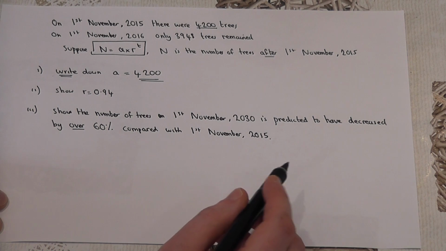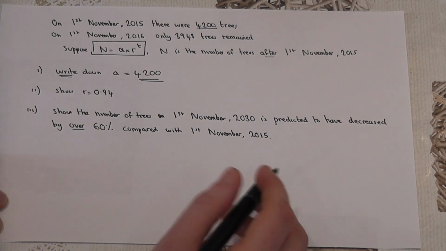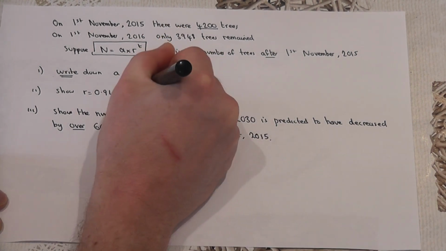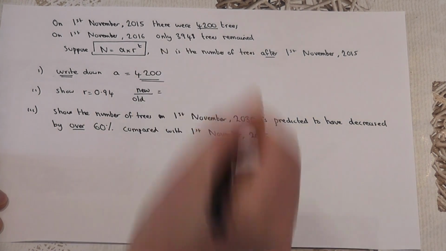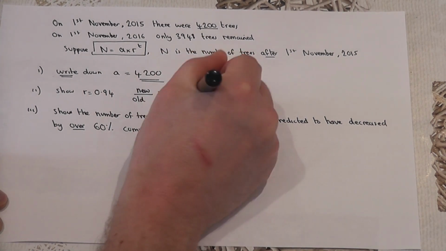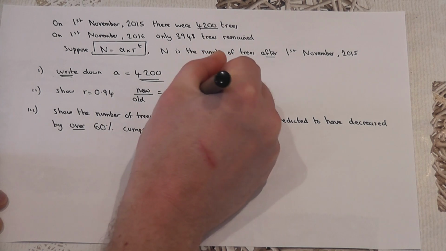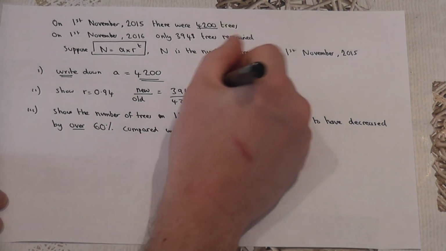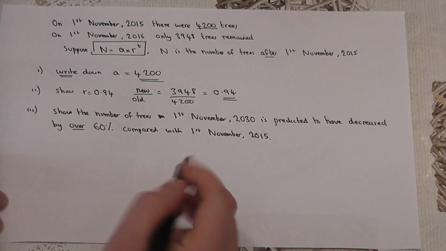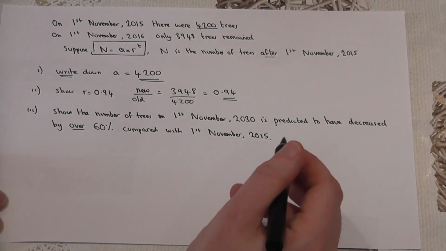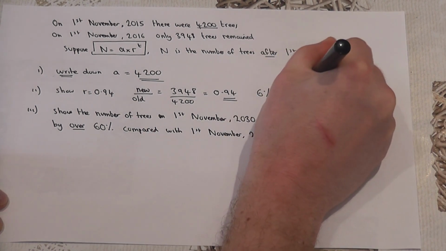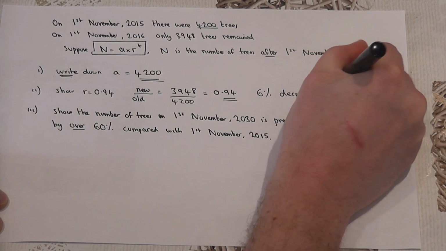Now to find the ratio year on year, all we do is we do the new value divided by the old value, which in this case is 3,948 divided by 4,200, which if you work out is indeed 0.94. And 0.94 denotes a 6% decrease each year.